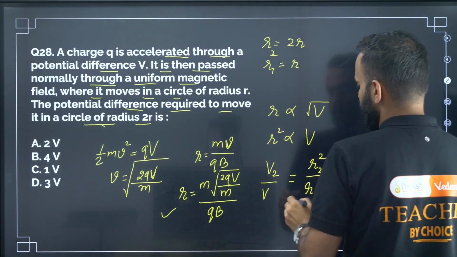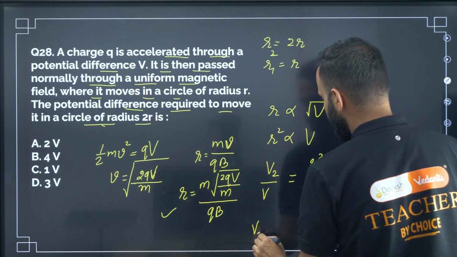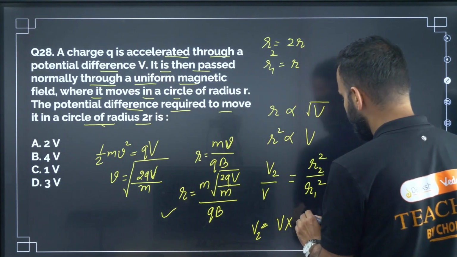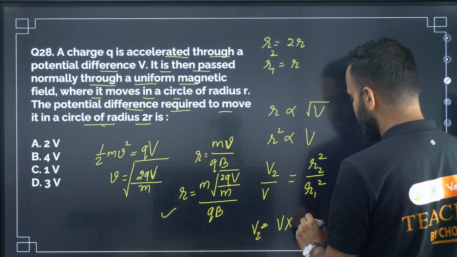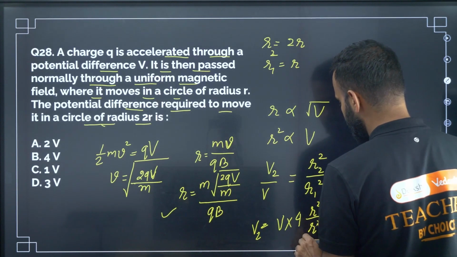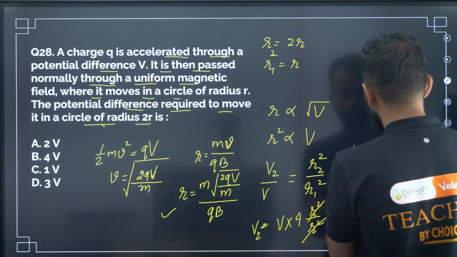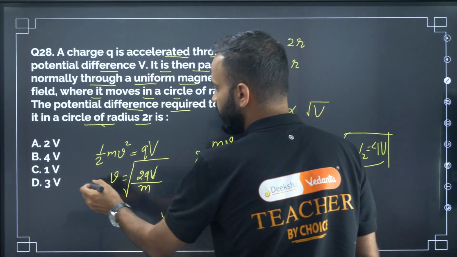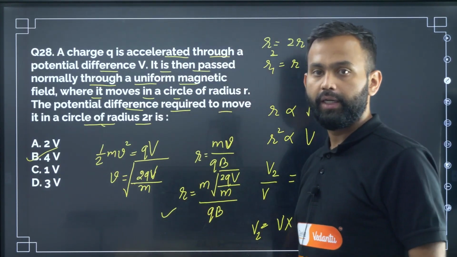So we need to find V2. V2 is equal to V into r2 square, that is 4r square, divided by r square. So r square will get cancelled. V2 equal to 4V. So the correct option is B.